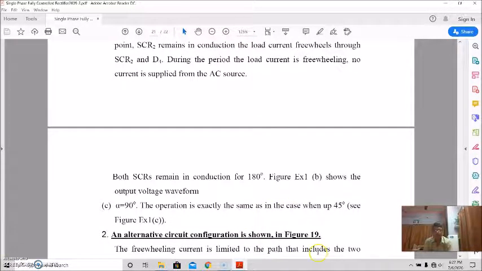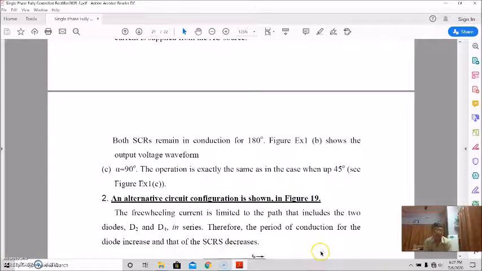Okay, now we can suggest some alternative circuit configurations of this semi-controlled full wave bridge rectifier circuit. What are the alternative circuit configurations we can think about? First of all, we have to keep in mind the circuit we are dealing with.